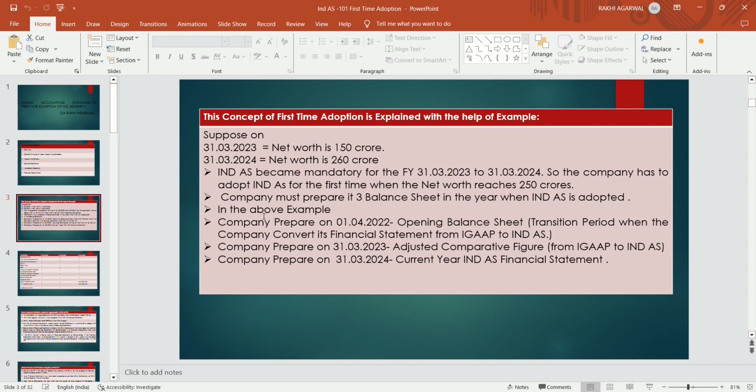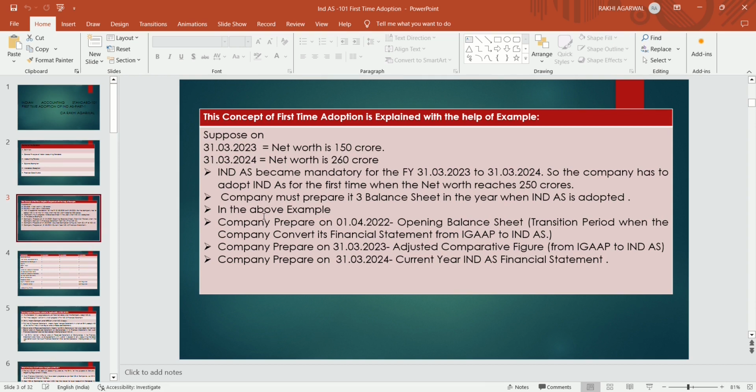On 1st April 2022, that is the transition period when the entity transits its carrying value from Indian GAAP to Ind AS. And on 31st March 23, they are required to prepare the comparative figures, adjusted from Indian GAAP to Ind AS, because previously they were preparing their balance sheet as per Indian GAAP, but now when Ind AS is applicable, they are going to prepare 3 balance sheets: the current year balance sheet, the previous year's comparative figures, and the opening balance sheet.